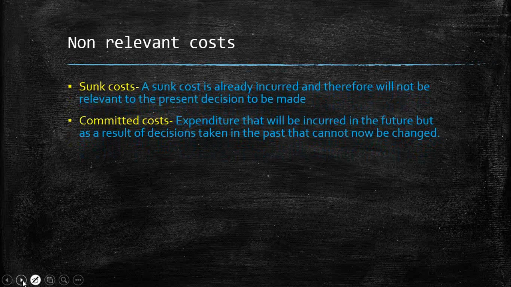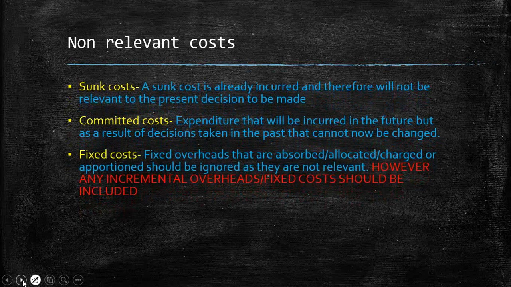So it doesn't matter whether I ask you to do 10,000 units or 15,000 units, because it is committed and it is 5,000. So it's a non-relevant cost. Then the fixed cost. The fixed cost, as I said, the 100,000 or the 200,000, already you have taken a machine, or maybe you are absorbing overheads on a particular basis, and that is already there. So therefore it is not a relevant cost.